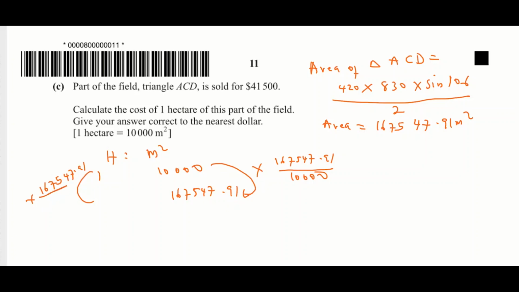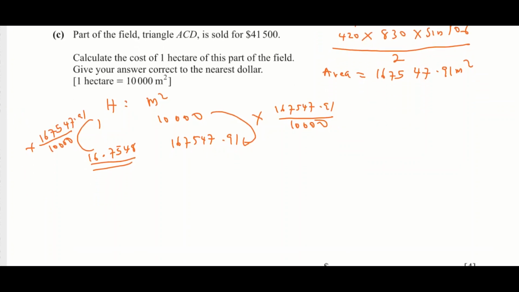If you do that, this gives you 16.7547, which is the area of triangle ACD in hectares.